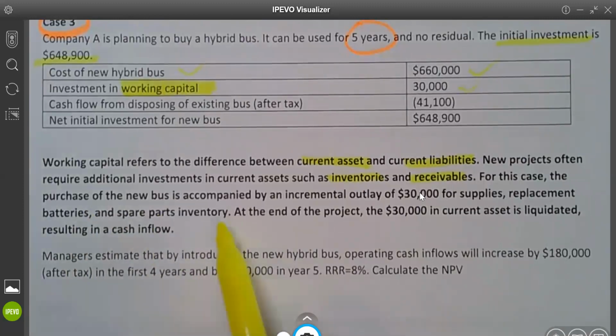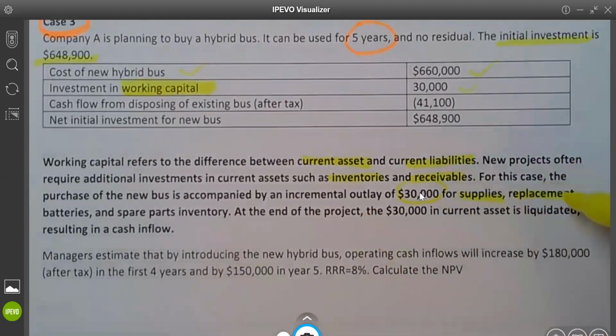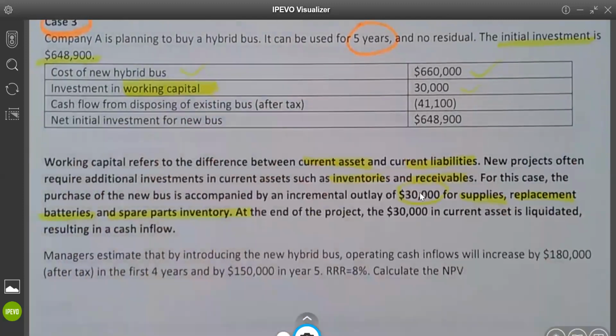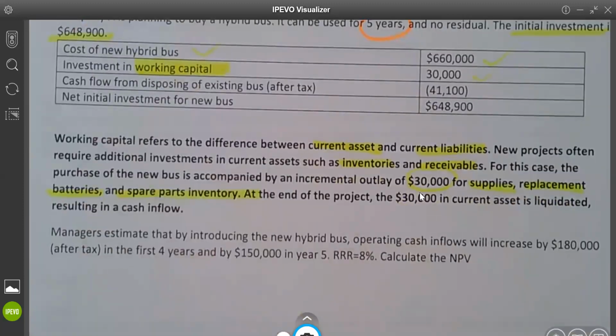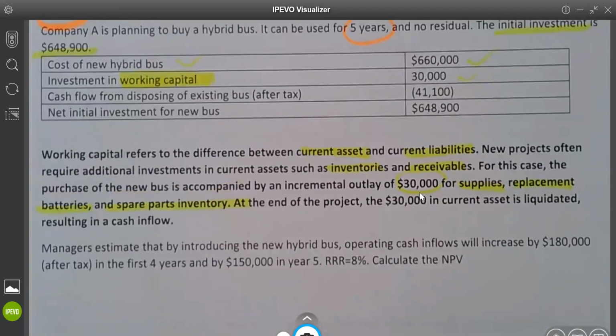Purchase of a new bus is accompanied by an incremental outlay of 30,000. So it's for the supplies, replacement batteries, and all other parts inventory. So yeah, the bus you spend 660,000, but most likely you have to spend an extra 30,000 for the extra inventories. This is important because working capital is a net cash outflow at the beginning of the project, but highlight this with me.